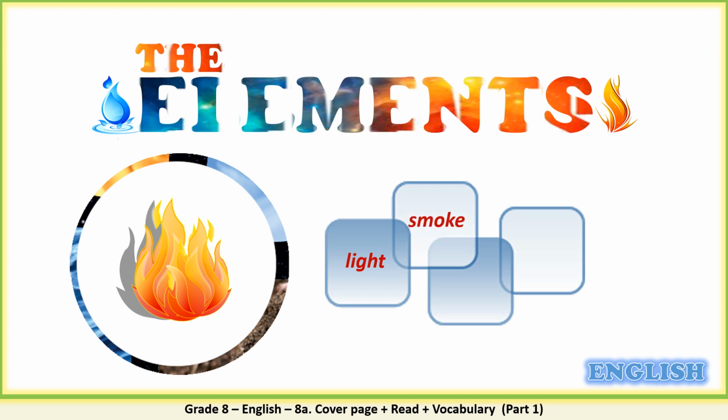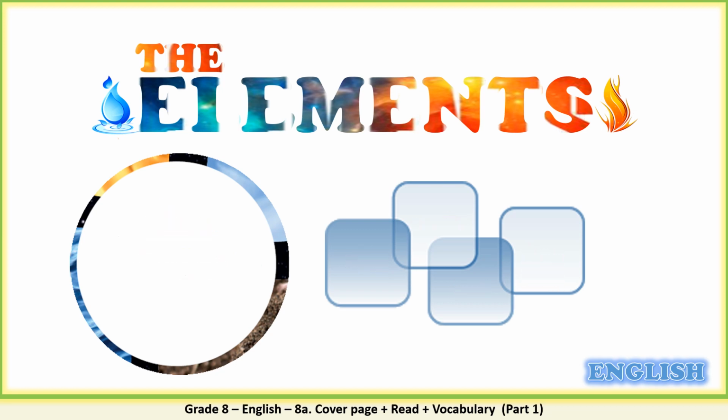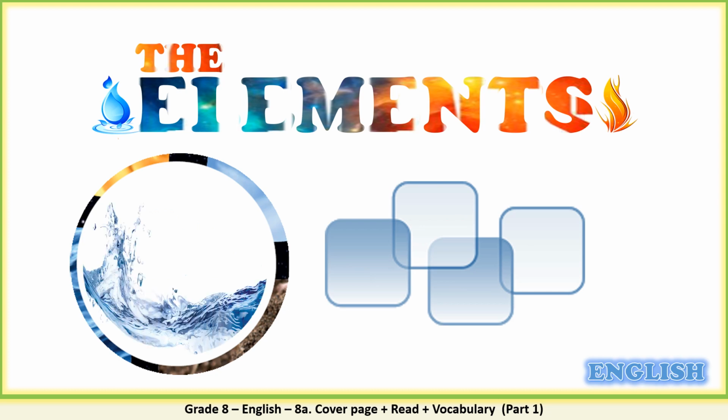We have light, smoke, heat, and burn. And finally, mention some of the words that are related to water. Great job! We have ocean, river, rain, and sea.